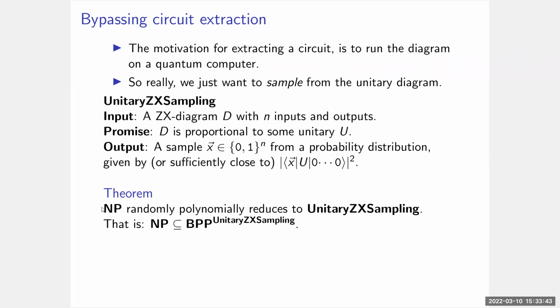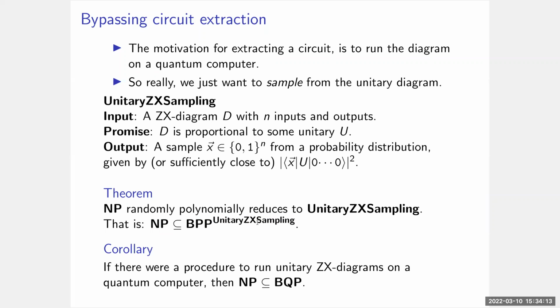Namely, we show that NP randomly polynomially reduces to unitary ZX sampling, which means that NP is included in the complexity class BPP with an oracle for unitary ZX sampling. So this means that with high probability, if we have access to an oracle that gives us samples in this way, we can solve NP problems.